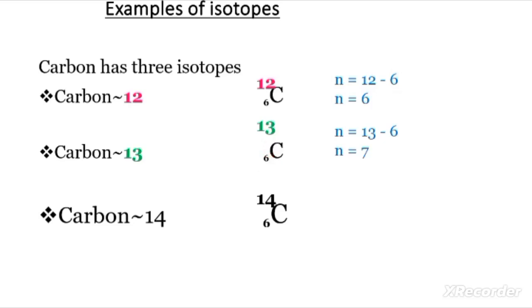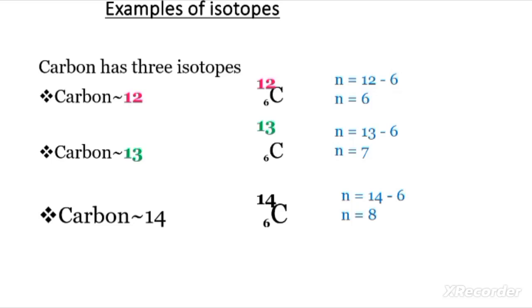Let us also determine the number of neutrons of carbon 14. The number of neutrons is equal to 14 minus 6, which is equal to 8. So these are some of the examples of isotopes.